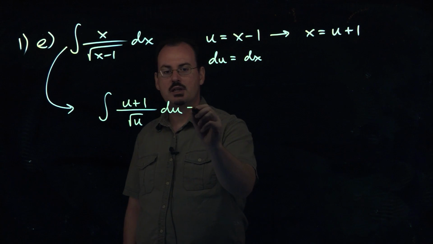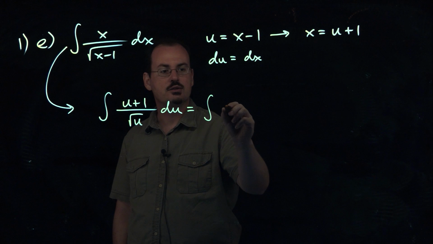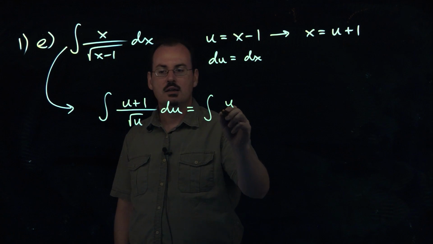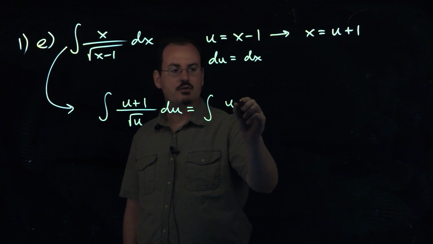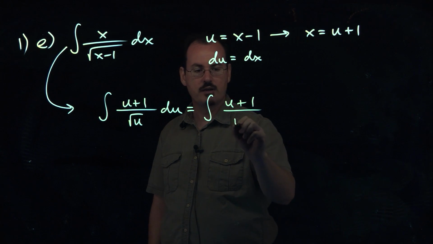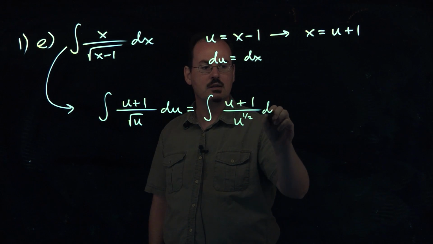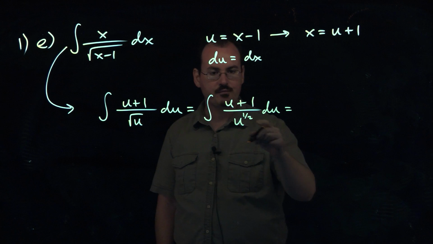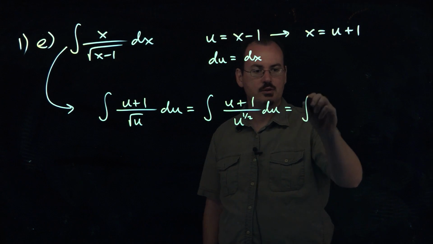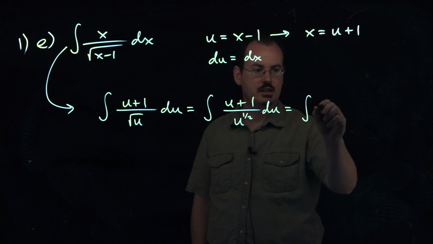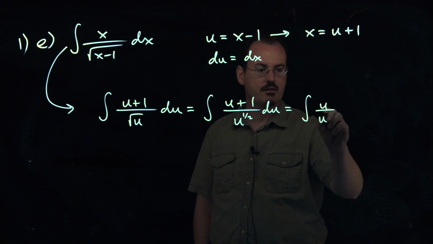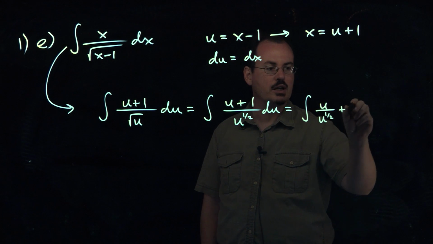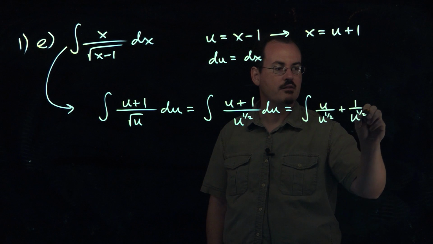How do I do this one? The best way to do this, I think, is to, first of all, let's write this so that it's a fractional exponent on the radical. And then I can split this up as two different fractions, u over u to the 1/2 plus 1 over u to the 1/2.